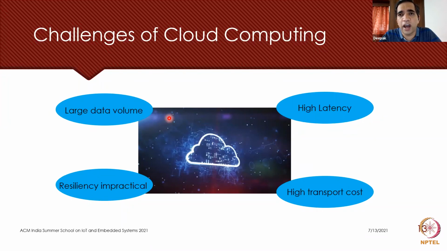Let's say you have some application monitoring quality of air at some location in the city, and you want to make some inference based on that. So you're collecting data and you're making some inference of how the quality of air changes based on some activity that's happening in the city.